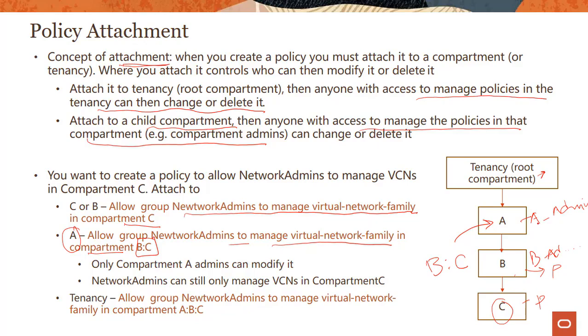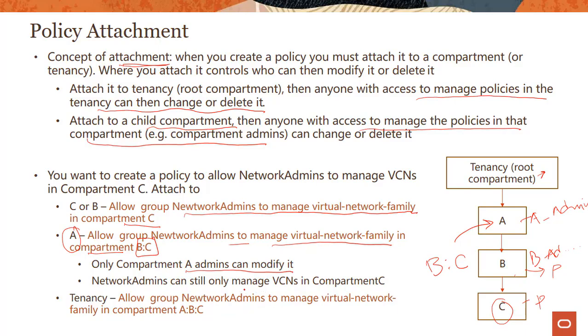Now let's get a bit clearer on this. If you write a policy here, only compartment A admins can modify it. Compartment B admins and compartment C admins might not be able to modify it.